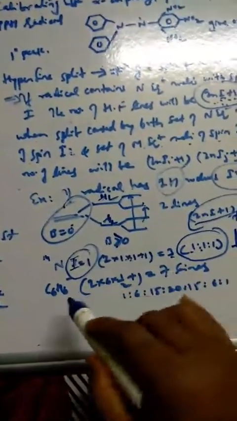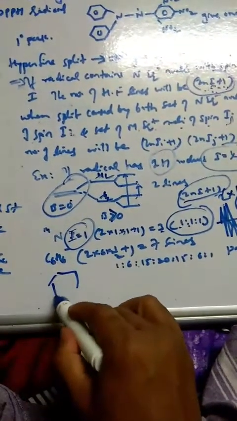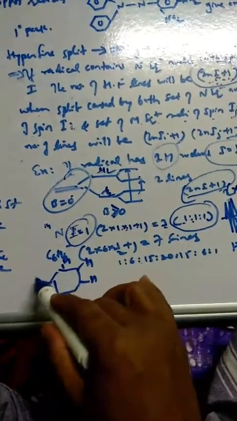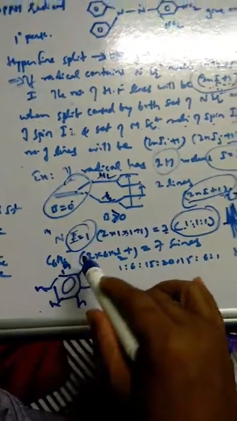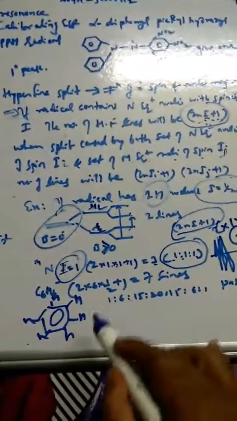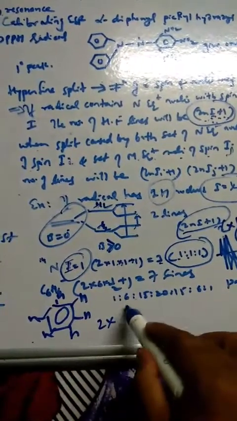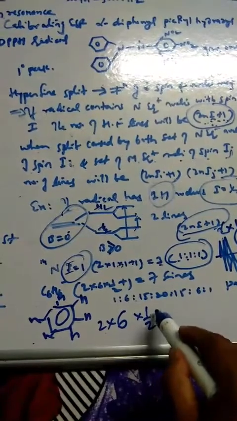Similarly, benzene. If you take benzene now, having all hydrogens equivalent here, 6 equivalent H, we are having the proton here. Now how many lines may it show? Again the same thing, 2nI plus 1. So 2 into how many? 6 number of hydrogens into half plus 1.